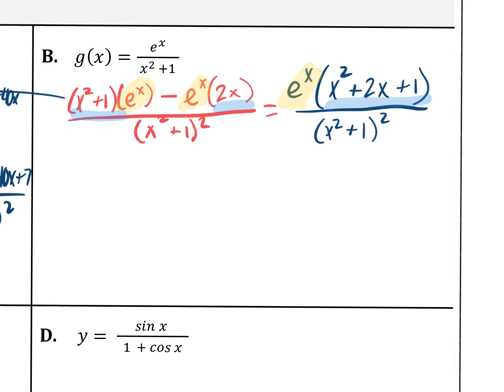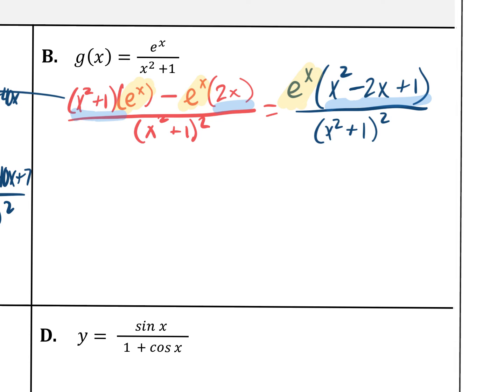Isn't that technically a negative e to the x? Yeah. And a negative, oh, because that's a minus 2x then. Sorry, that's my bad. So then it's a minus right there. It's the e to the x, not minus. Why is the e to the x not minus?